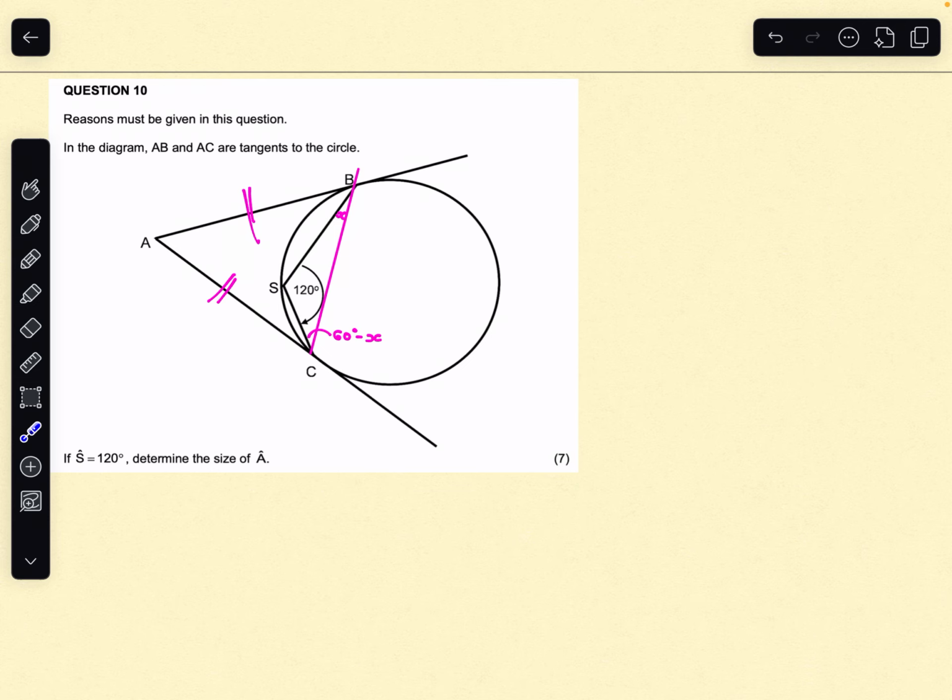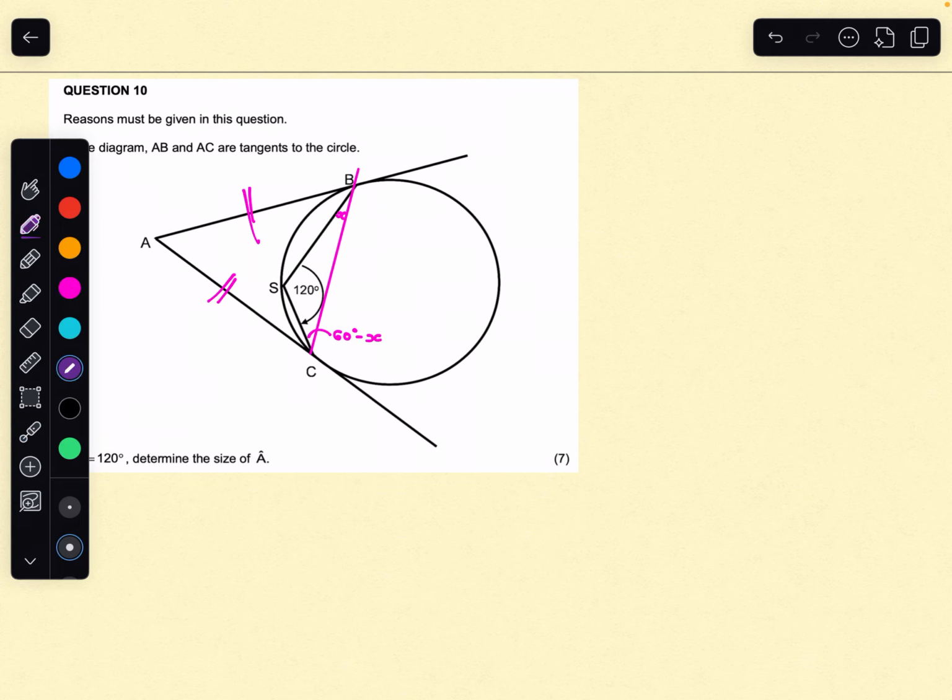Is it not? So this would be 120. Let me fill this in. So this would be 120, and this would also be 120 as discussed.